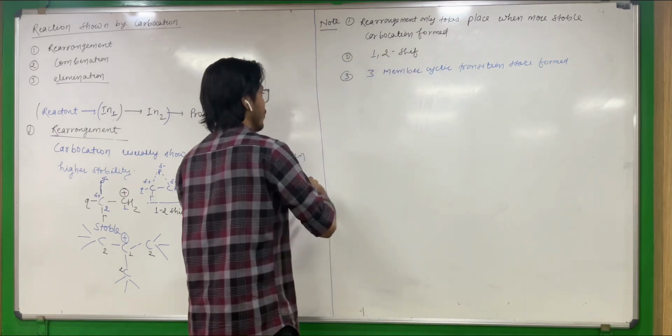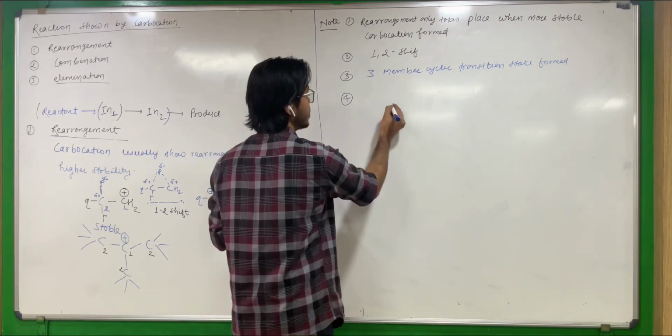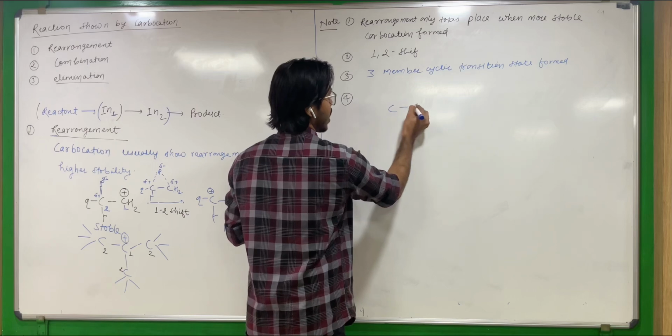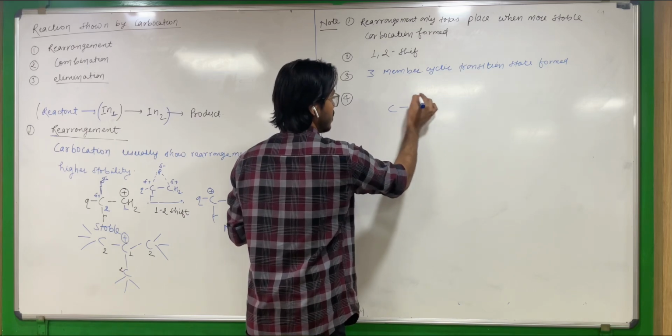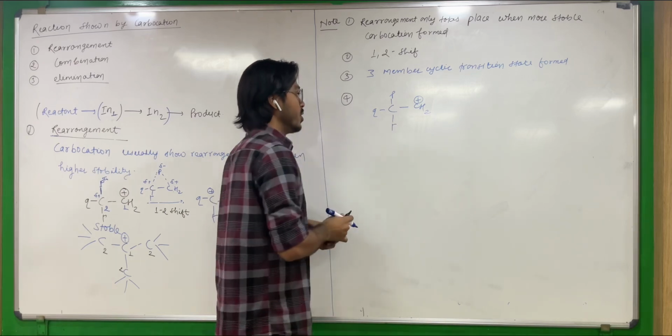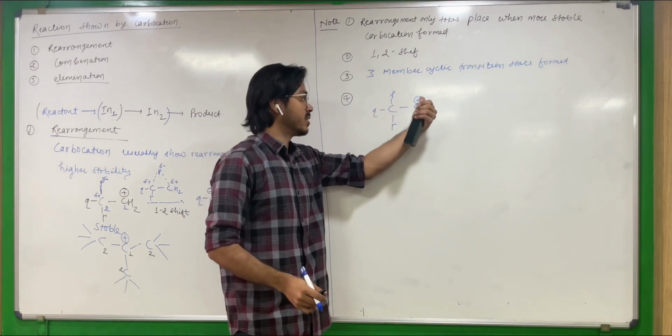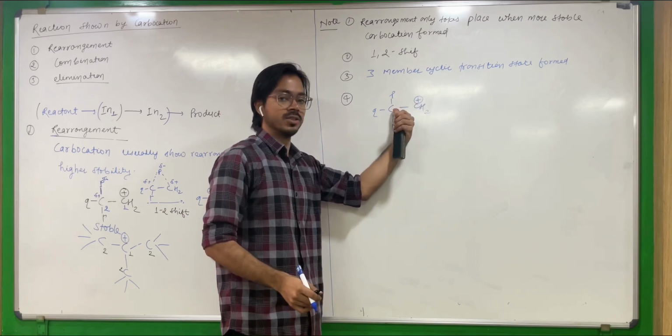Now, the fourth point, the most important point. If this is the carbocation, this is P, this is Q, and this is R. Between P, Q, and R, which will migrate onto this CH2, so that the positive charge will come on this carbon?